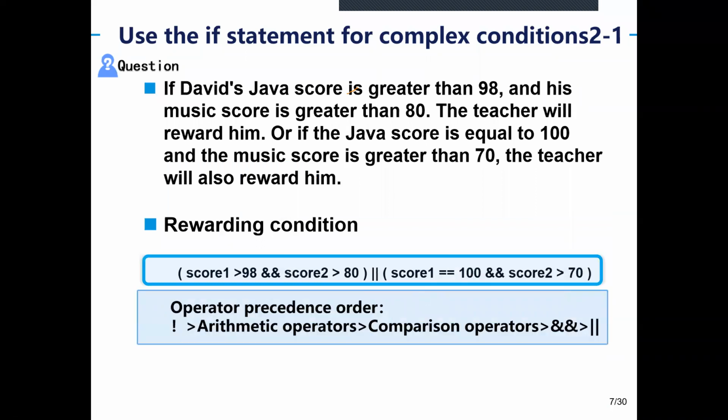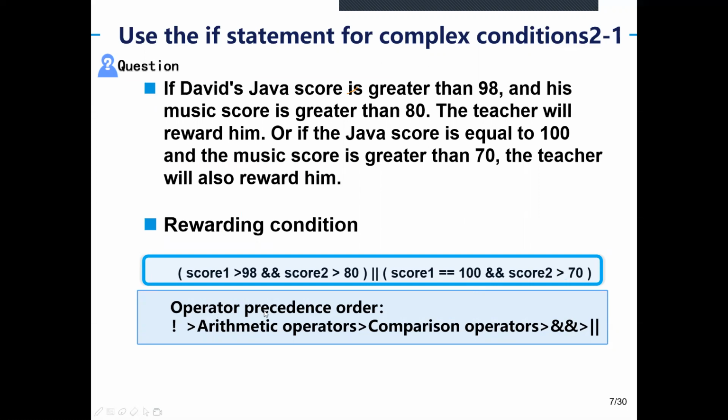So the rewarding condition we can express as the following expression. Score 1 greater than 98 and score 2 greater than 80, logical OR, score 1 equal to 100 and score 2 greater than 70.